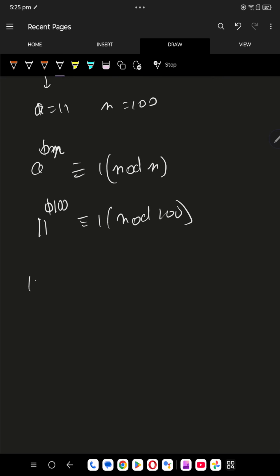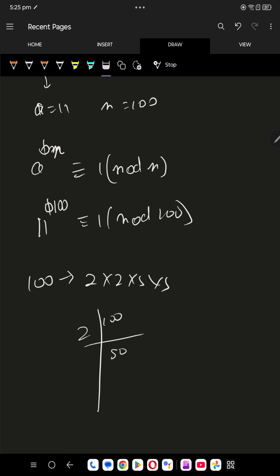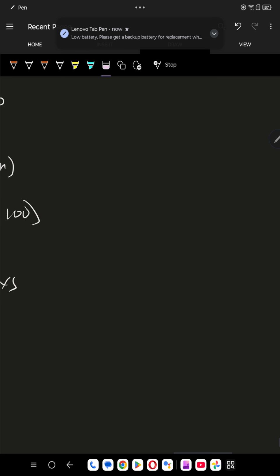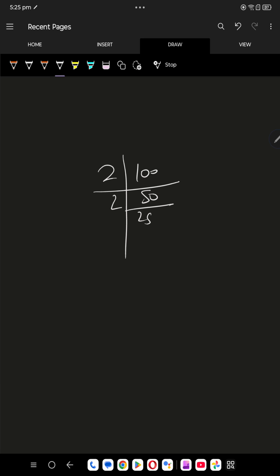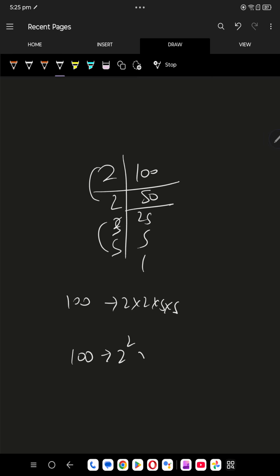So 100, we know, is basically 2 into 2 into 5 into 5. How did we write this? Quickly I'll show you. 2 fives are 10, 2 twos are 4, 2 fives are 10... So 100 we got as 2 into 2 into 5 into 5. But they should have been prime numbers, so 100 is 2 square into 5 square.